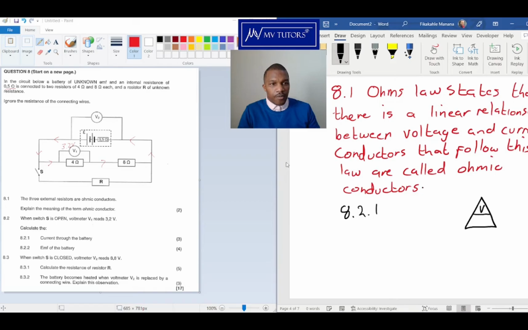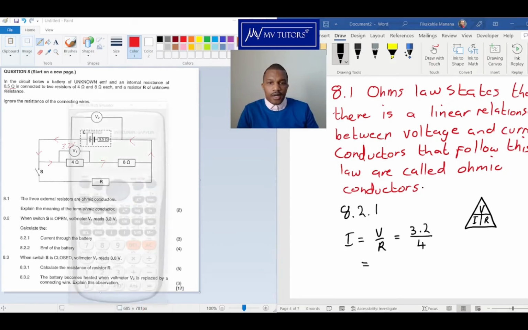V is always on top of the triangle. Okay, and then I got I and R there. So when I'm looking for I, as in here, I'm gonna say I is equal to V over R, and the voltage is 3.2, and the resistance is 4 ohms.